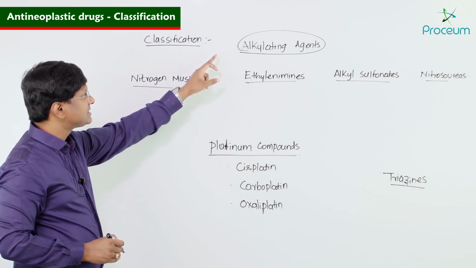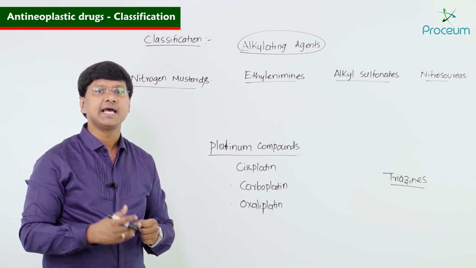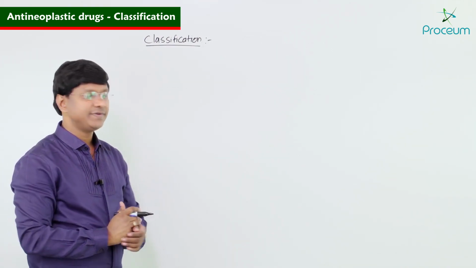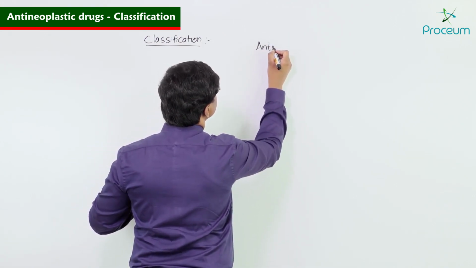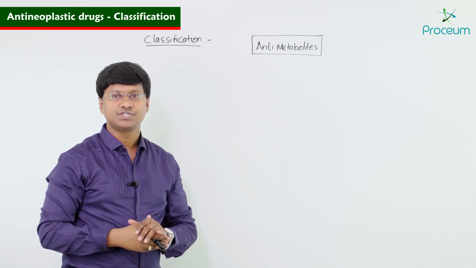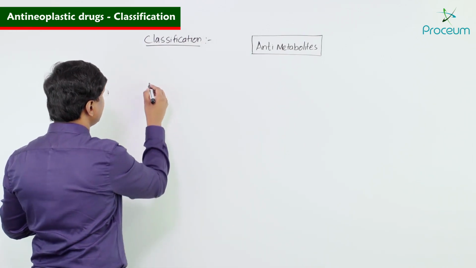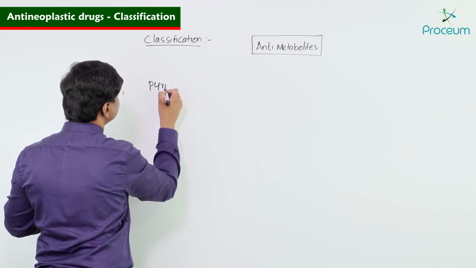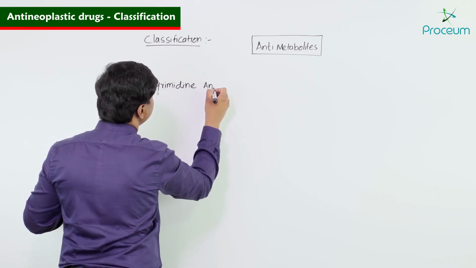After having discussed the alkylating agents and platinum compounds, next we have the antimetabolites. The antimetabolites include pyrimidine analogs.